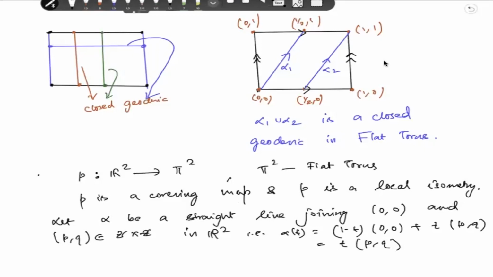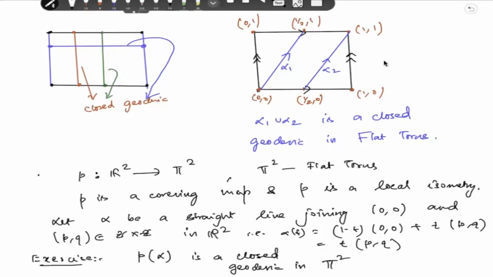So now, what you can prove, as an exercise, is that P of alpha is a closed geodesic in the torus T2.